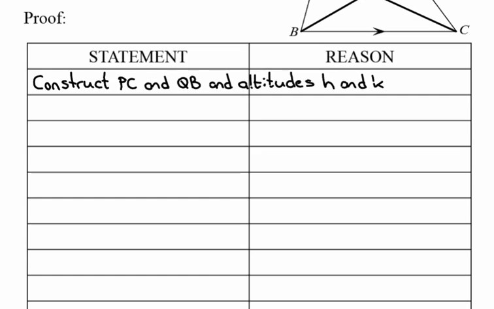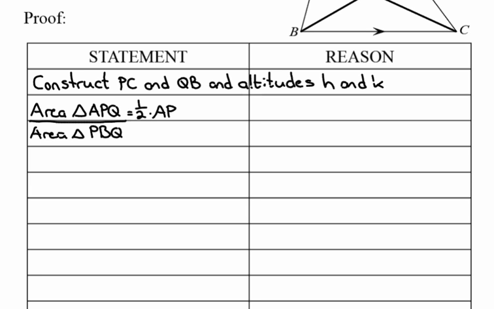So I'm going to start with the area of triangle APQ divided by the area of triangle BPQ. Now remember, the area of a triangle is half base times altitude. So I've got half, and the base in APQ is AP.